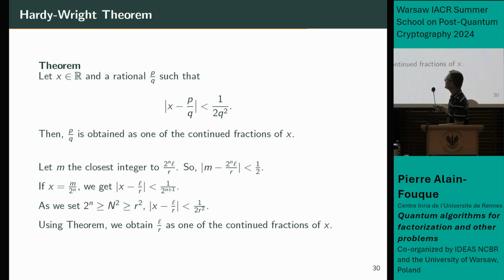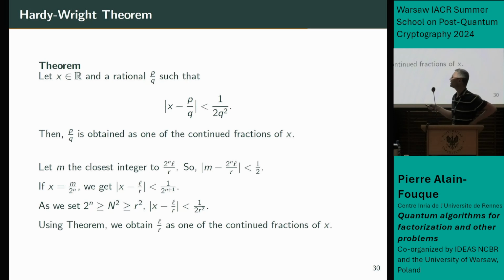So I can do the math and show that we are in the same situation and can apply the theorem. By looking at all the partial convergents of this fraction, we can recover, for one of them, the value here.